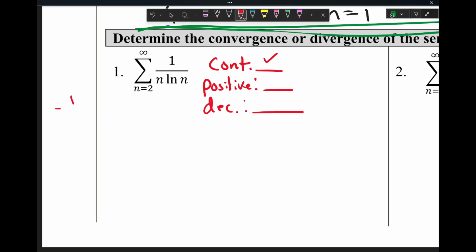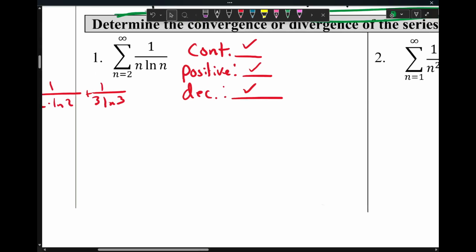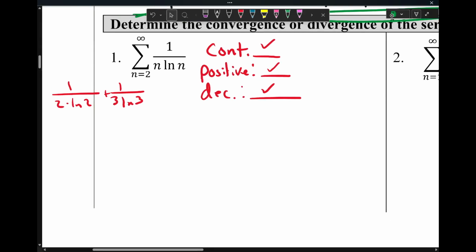If you make yourself write out the first couple terms, here's the first term, here's the second term, I can see that these are always going to be positive, and I can see that they're getting smaller each time. So the requirements are met, but if the requirements are not met, then you're doing a bunch of work for no possibility of a gain here.